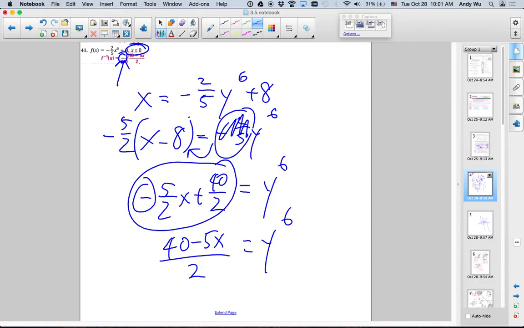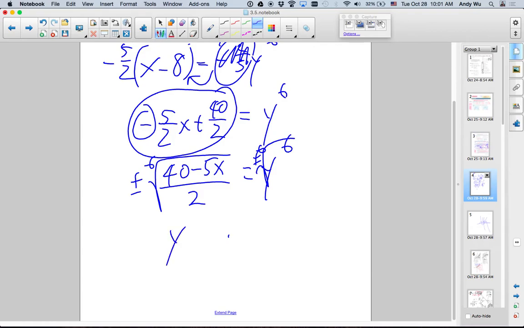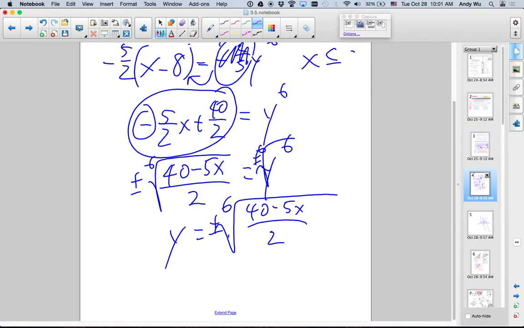Yeah. Okay? So you take the 6th root, which has to be plus or minus. You end up with y is equal to the 6th root of 40 minus 5x over 2, plus or minus. But since the original says x had to be greater than, let's do 0, that's just a minus.